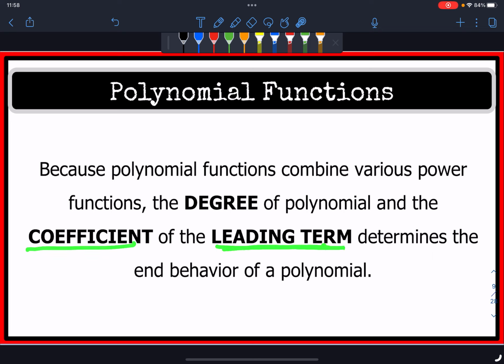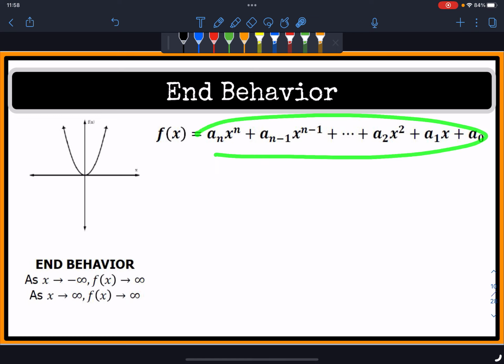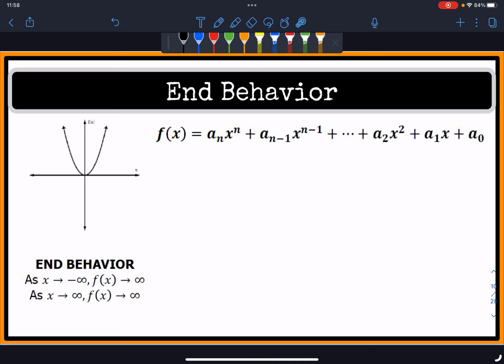The end behaviors of a polynomial are going to behave exactly like that power function. So, for example, if this is my polynomial, just a generic, standard way of writing a polynomial, I can determine whether this polynomial is going to behave like this power function, where the two ends are pointing upwards, by looking at this first term here.